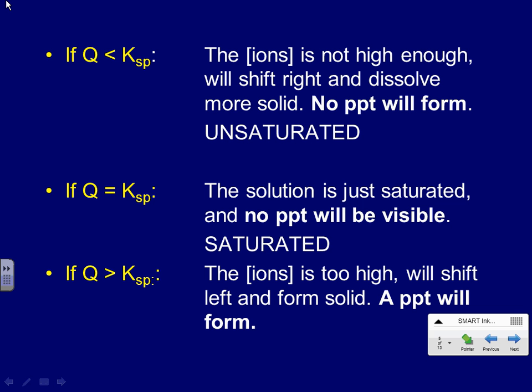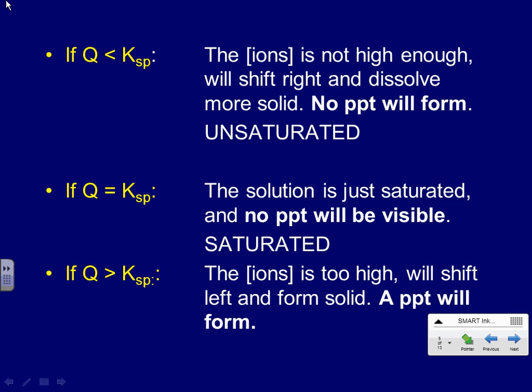Now this is a little different than the shifting equilibrium that we learned when we first learned about is it at equilibrium or not. If I'm bringing ions in from a separate source and the Q is less than the K, the equilibrium isn't going to shift anywhere because there is no solid to shift. It's just ions.